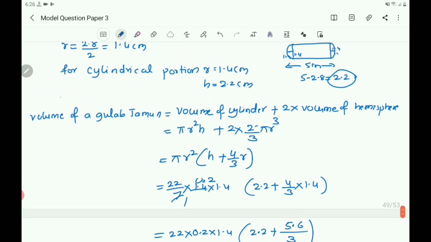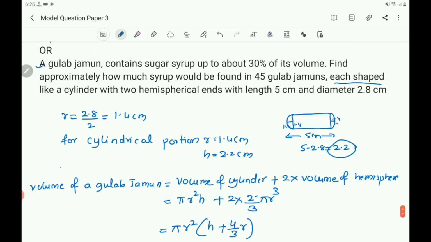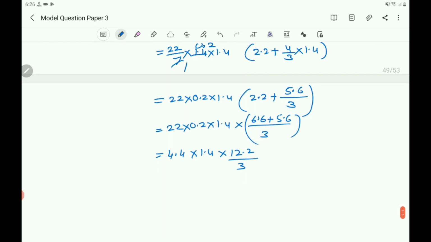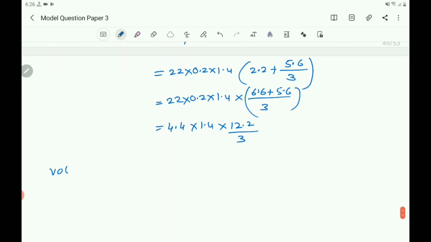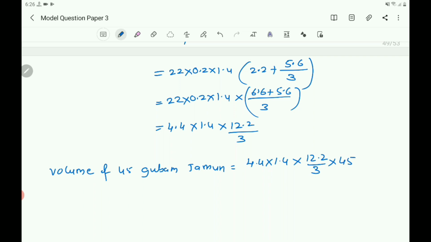This is the volume of a gulab jamun, and here we have to find for 45 gulab jamun. Then volume of 45 gulab jamun equals 4.4 into 1.4 into 12.2 by 3 into 45.